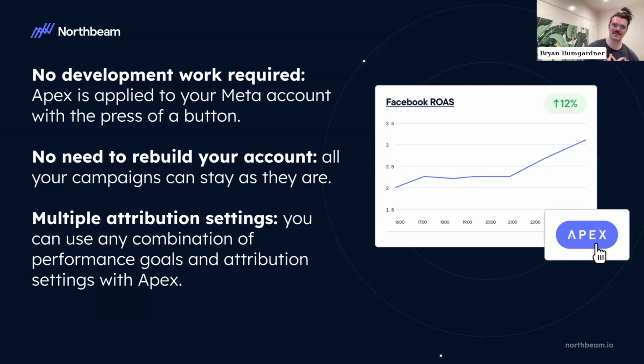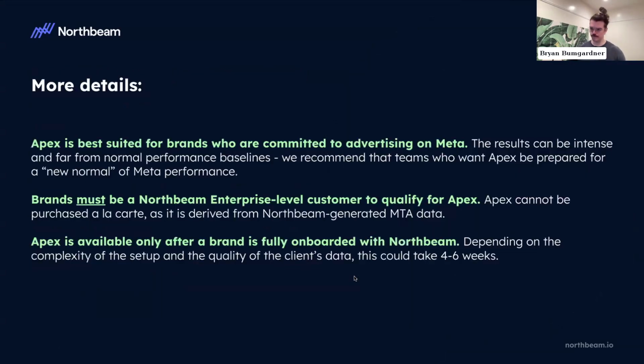And then for me as a marketer from Northbeam, I get to say, you see this increased improvement with the flip of a switch, right? Which is always a fun thing to say, but it's literally true. So this is what happens on the back end when you go on and you're trying to activate Apex. So there are some more details, because this is not all too good to be true.